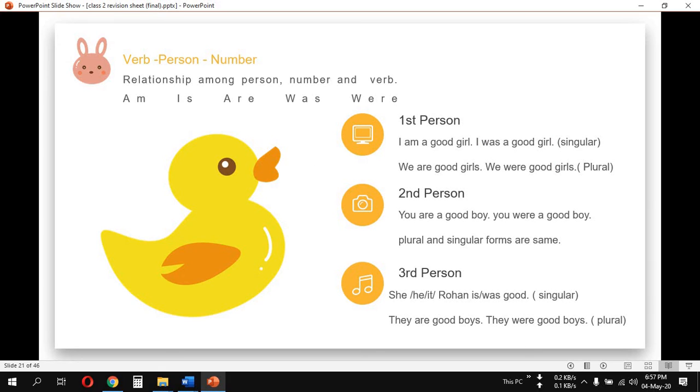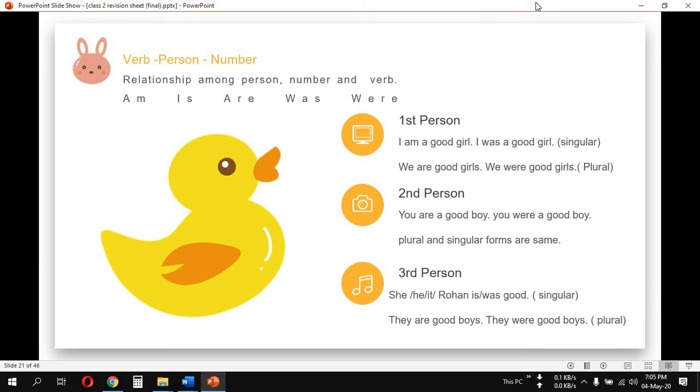And in the second class we learned how the be verbs change with person and number, and we can recall that the be verbs are am, is, are. These 3 are the present form of the be verb, and was, were are the past form, where was is the past form of am and is, and were is the past form of are.